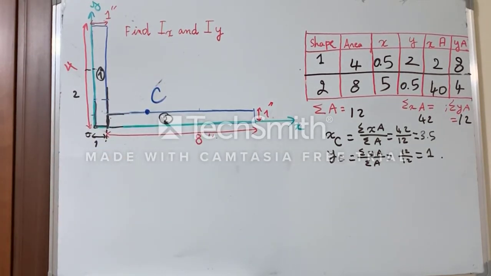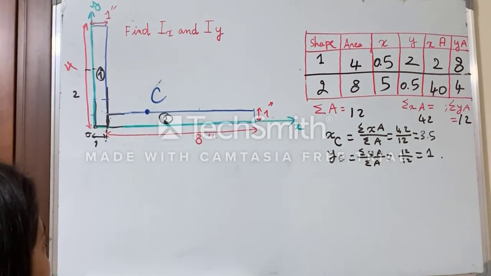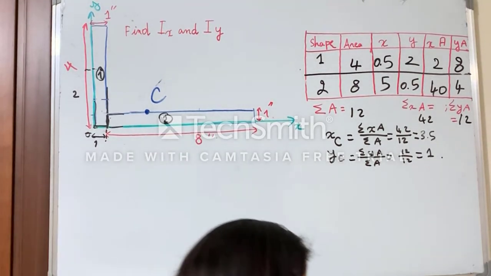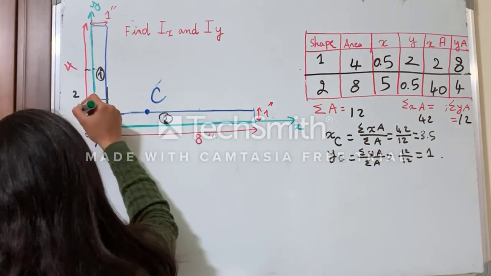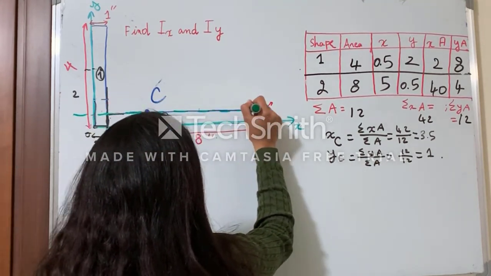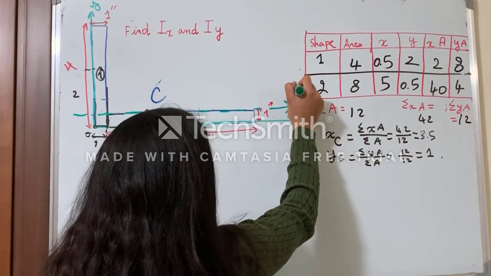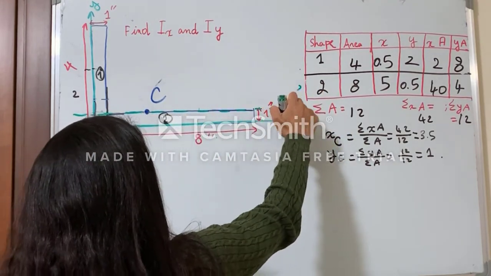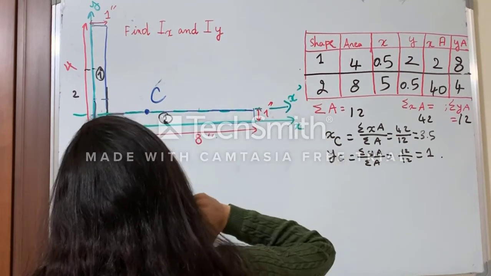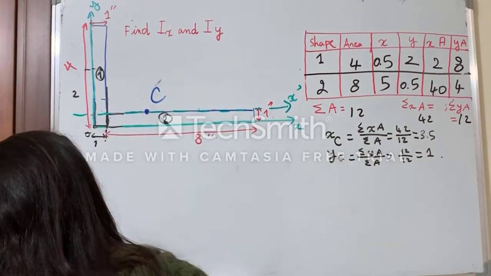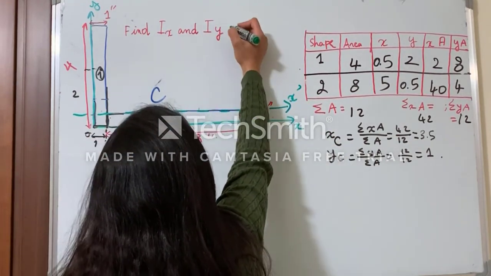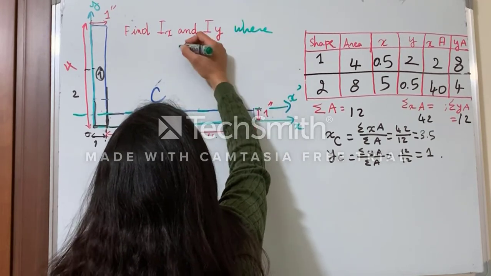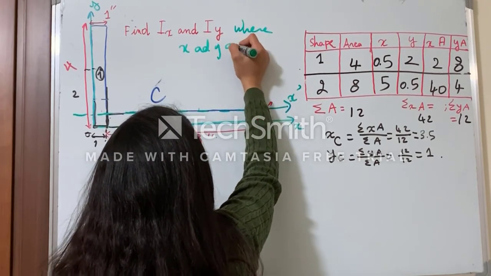And then, guys, in order to find Ix, this is Ix passing through C. So this is, let's say, x prime. And I need to find the moment of inertia around this x here, or passing through C. So find Ix and Iy where x and y are passing through C.